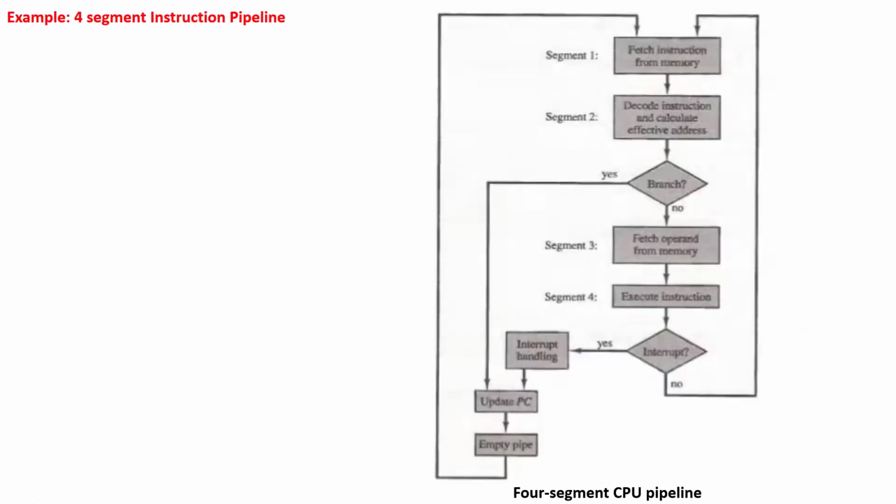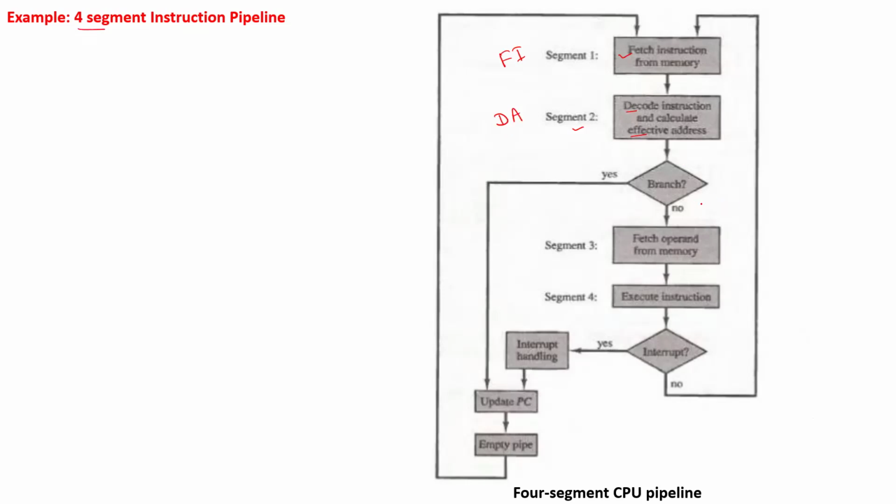Here is the four segment instruction pipeline example. The first segment fetches the instruction from the memory, which we write as FI. The second segment decodes the instruction and calculates the effective address, which we write as DA.